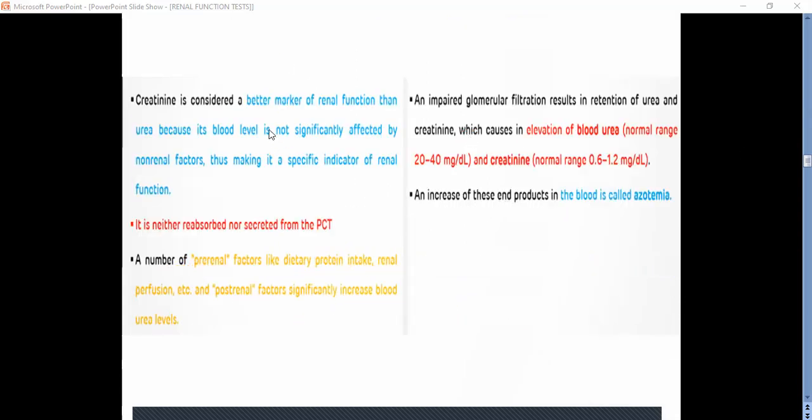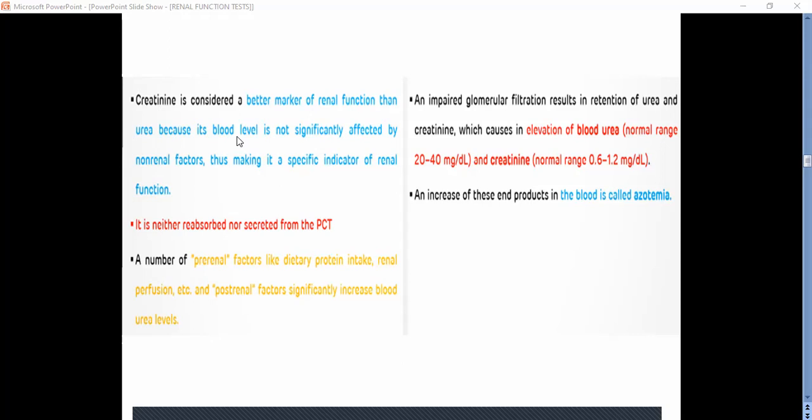Creatinine is considered a better marker of renal function than urea, as I already told, because its blood level is not significantly affected by non-renal factors, thus making it a specific indicator of renal function. That is why creatinine is the better marker, because its level is not affected by other metabolic functions.